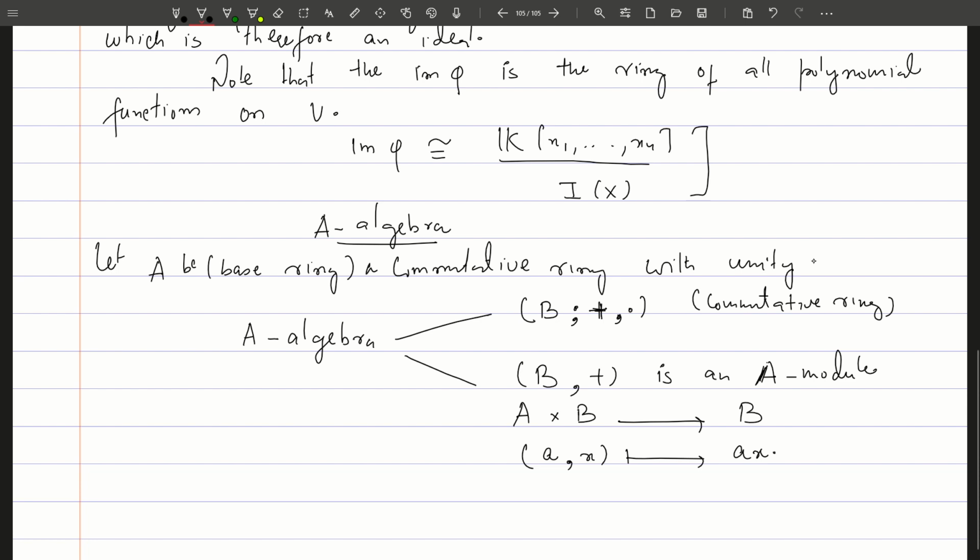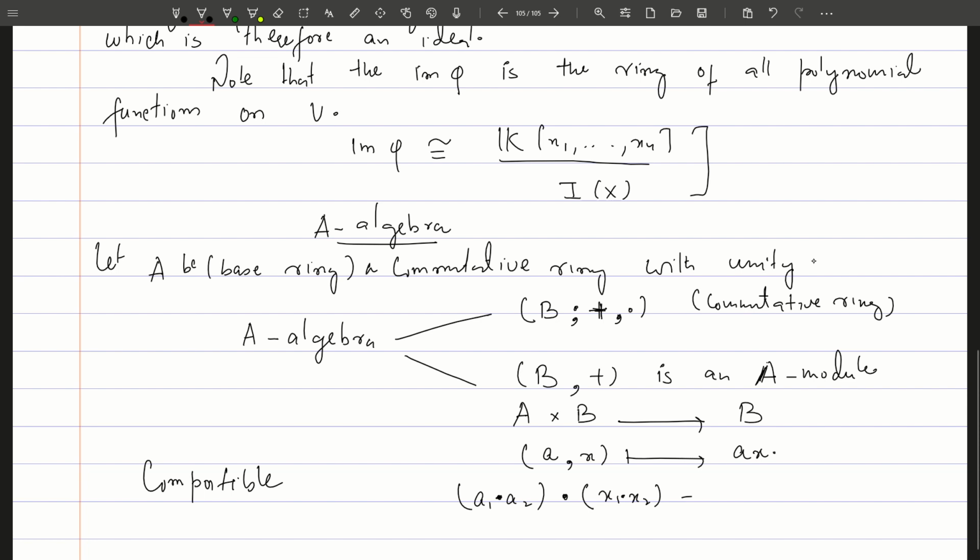So these two multiplications should be compatible. I mean, if I take two elements in A, let us take a1, a2, and let us multiply these two elements in A. So this is the multiplication in the ring A, and let us take two elements in the ring B, say x1, x2. So here this is the multiplication in the ring B, and this is a scalar multiplication.